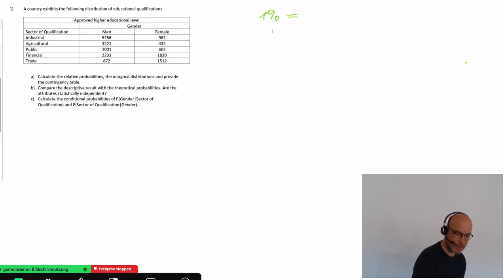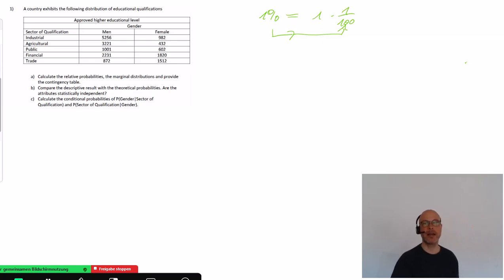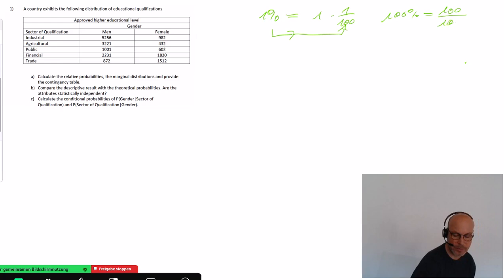This percent sign just means 1 times 1 over 100. The percentage sign means divide the number in front of this sign by 100. So 100% is just 100 over 100, which is of course 1.